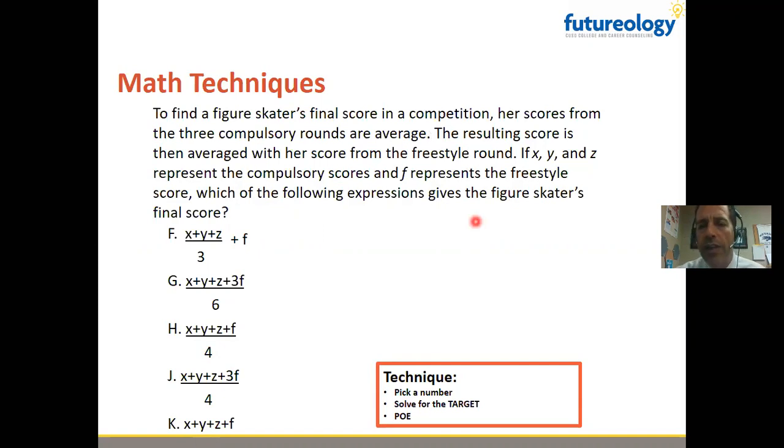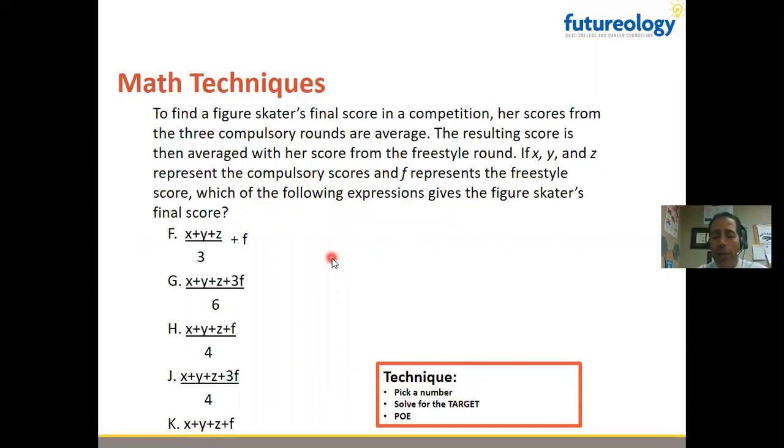Now I went through it fast on that. So we read the question. The reason I can use this method we call picking numbers, or plugging in, is because there's algebra in the answer choices. I want you to learn how to recognize these types of problems. They tell me X, Y, and Z represent compulsory scores.